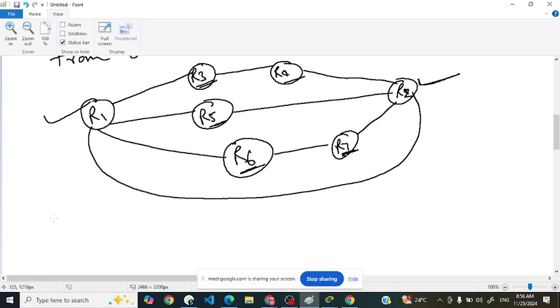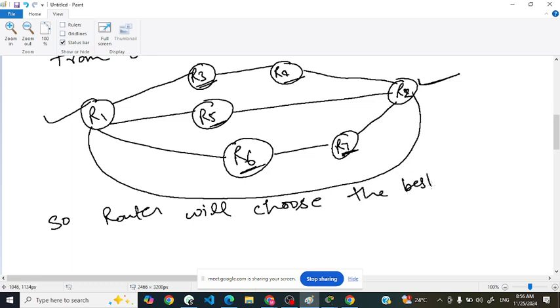So the router will choose the best path. Is it clear, guys? Yes, sir.